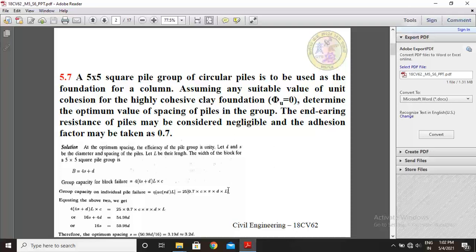Equating the above two equations, that is 4 times (4S plus D) into L into C is equal to 25 into 0.7 into C into pi into D into L. So finally by equating those equations we are getting S equal to 3.2D. So this is the solution of this problem, that is 3.2D.